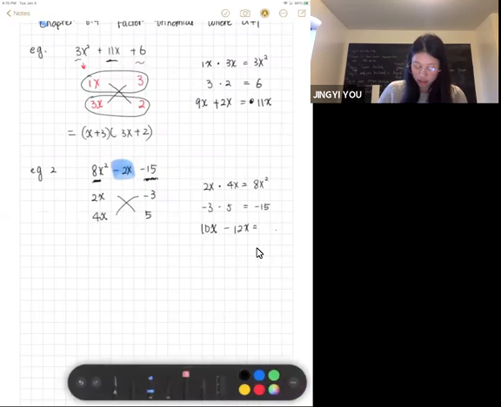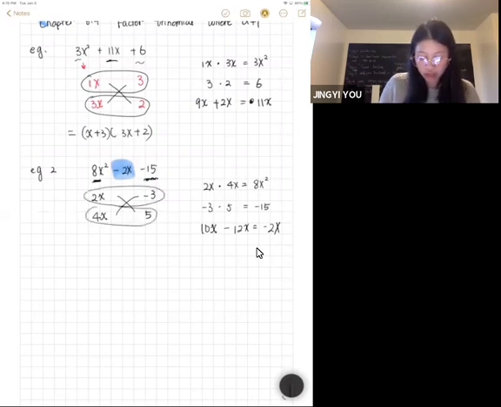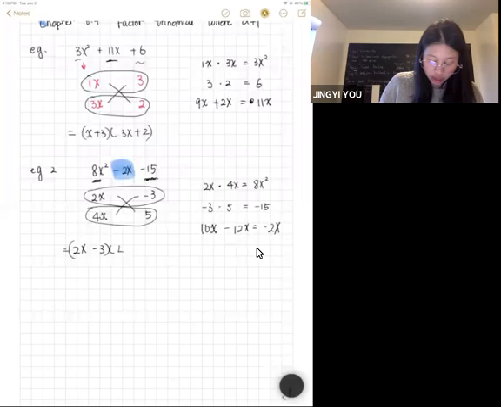Aha! So that means this combination is something that we are looking for. So when we write the answer, they should be grouped as a group. So we have 2x minus 3 times 4x plus 5.